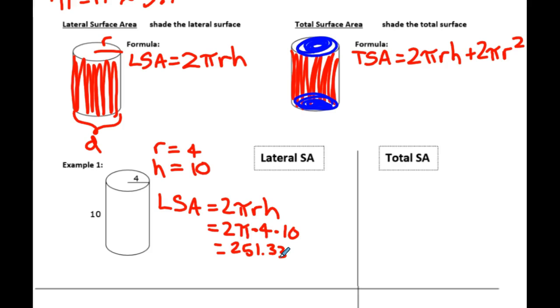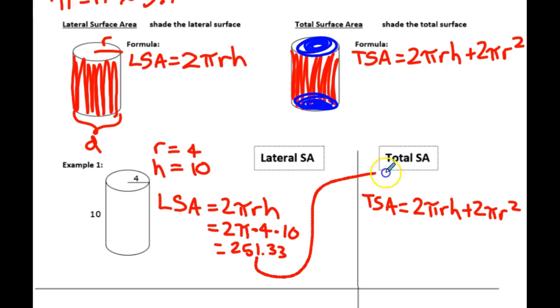For total surface area, I don't have to worry about big B because in the formula I gave it to you, everything is already spelled out. So 2 pi RH plus 2 pi r squared. What is 2 pi RH? We just figured it out. 251.33, right? Again, you always get that first part in the lateral, and you're just adding on to it. 2 pi r is 4 squared.